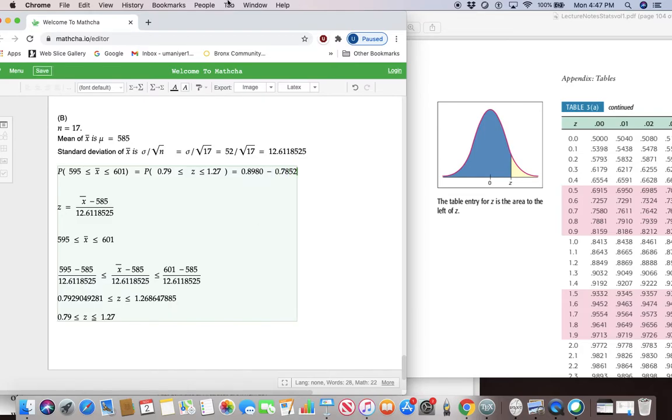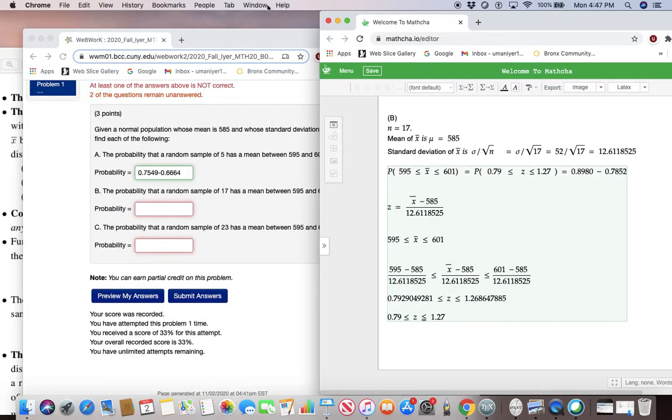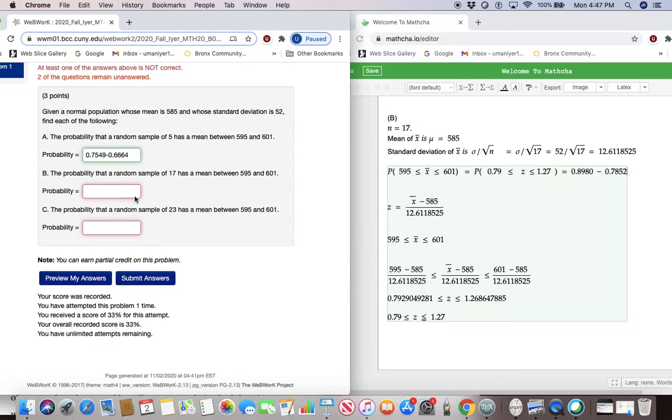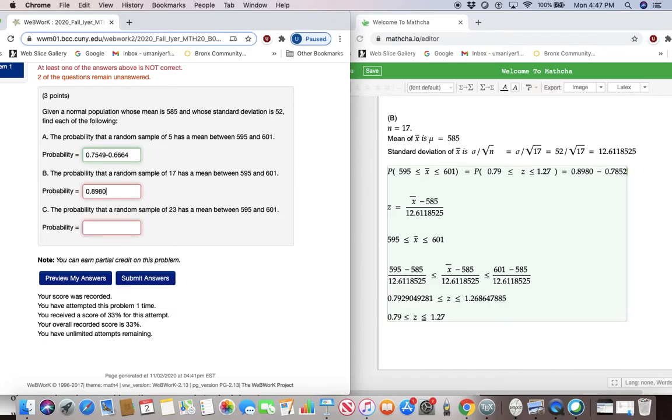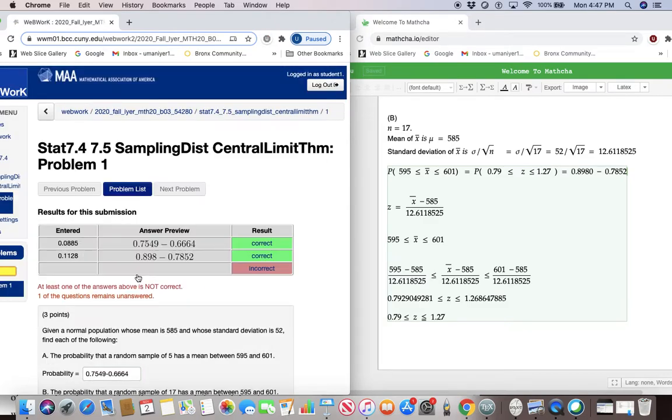These are the two numbers, and their difference we need. So 0.8980 minus 0.7852. Let's submit and check.